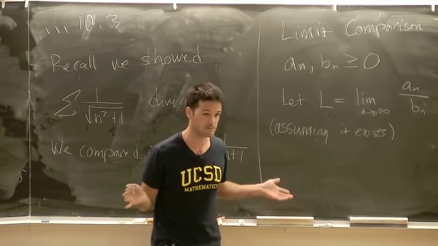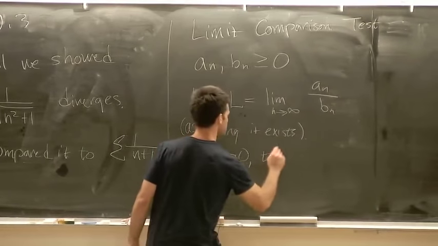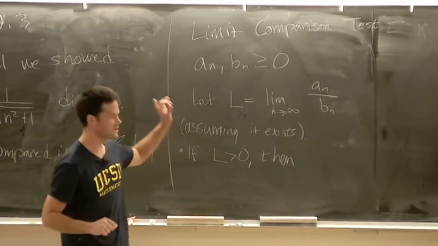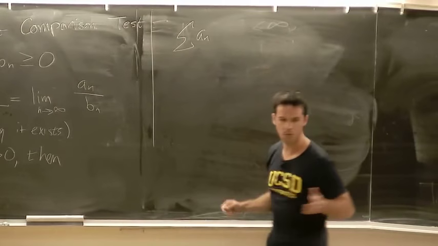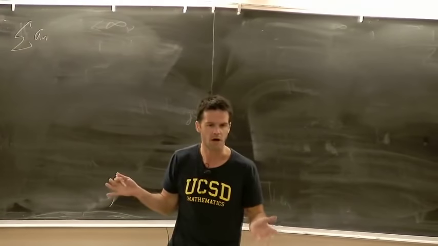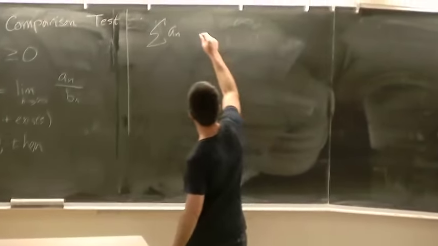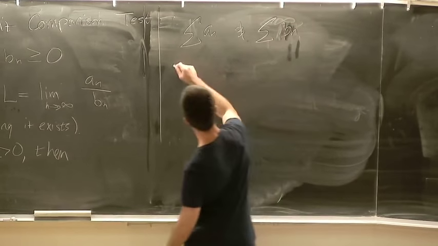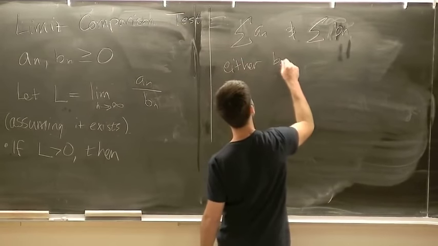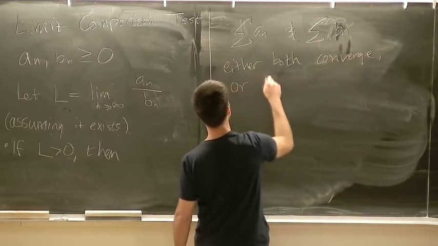If L is just some positive number, in which case the sum of the AN terms and the sum of the BN terms are both more or less comparable, in that the convergence of one totally determines the convergence of the other. So they either both converge or they both diverge.